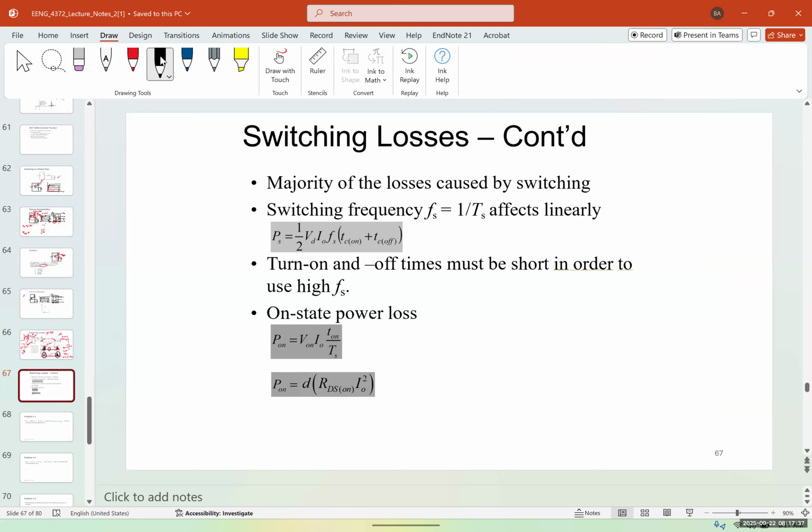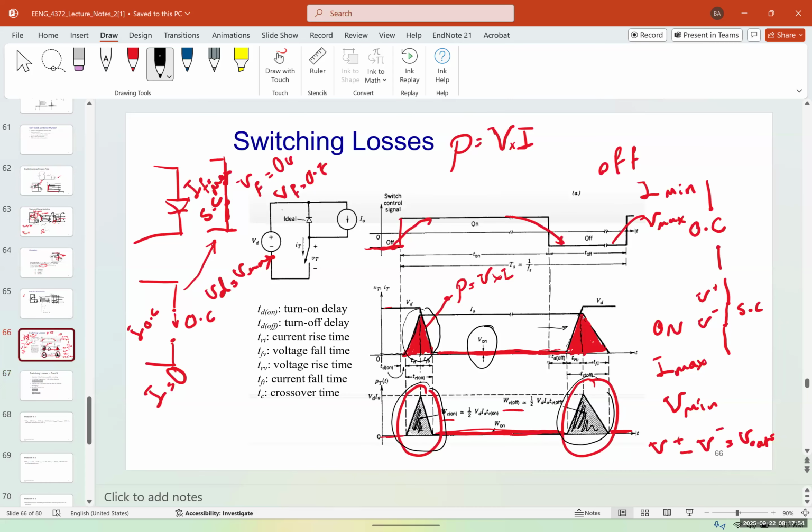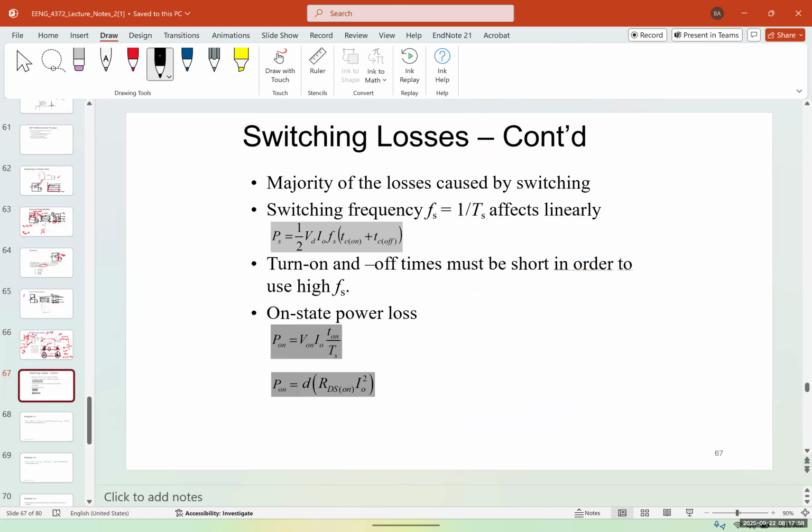If the switching frequency Fs is 1 over Ts, the effects are linear. So Ps would be half of Vd, I out, Fs, Tc on plus Tc off. What are Tc on and Tc off? They're the switching on time and the crossover between on and off.